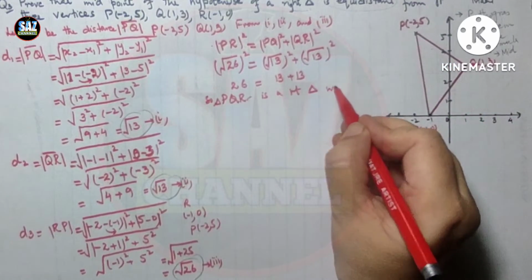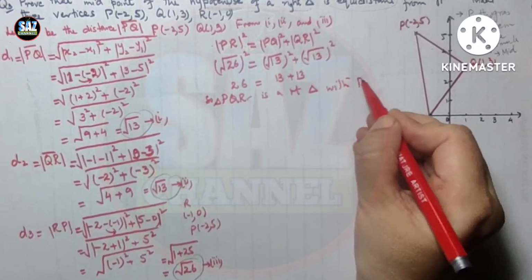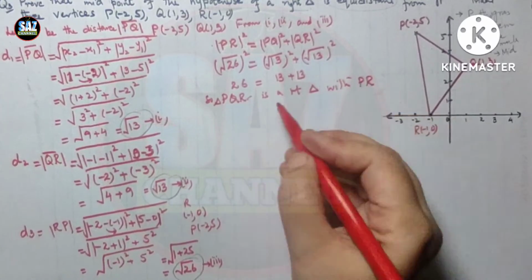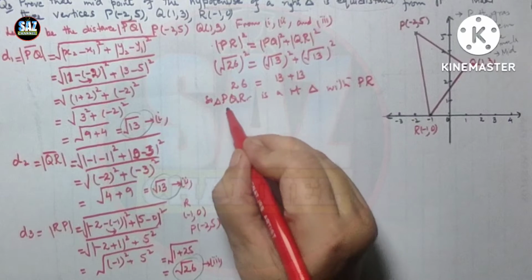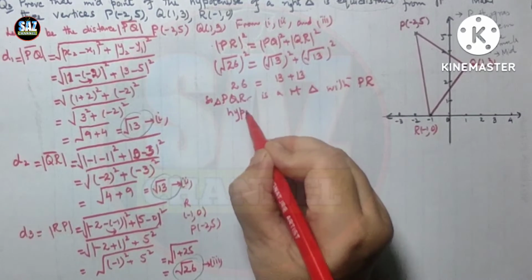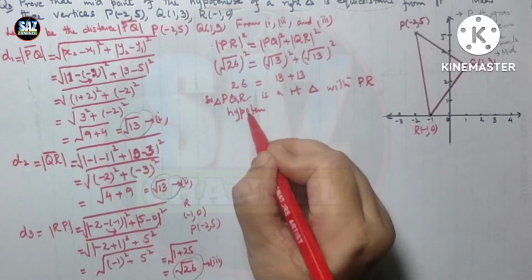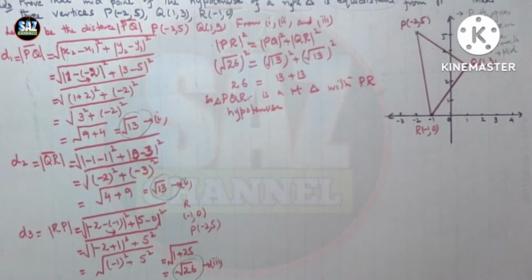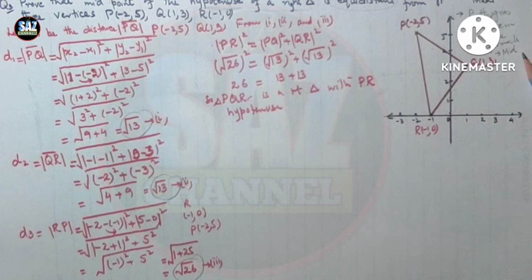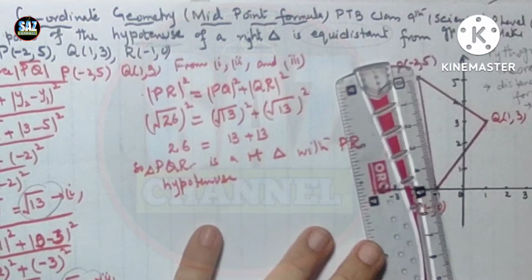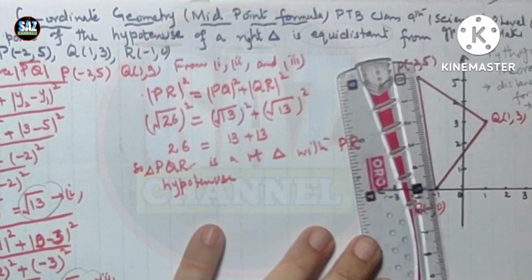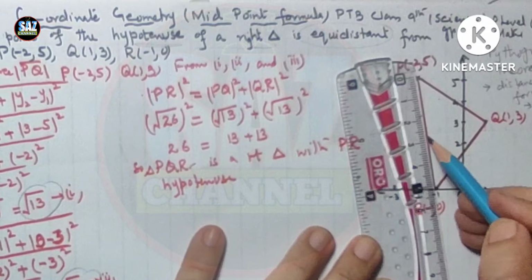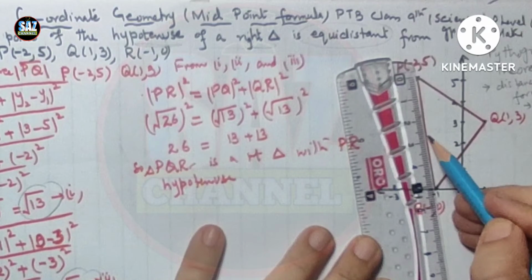Now we have decided which side is the hypotenuse, and then the second requirement is the midpoint of the hypotenuse. So it means I have to find the midpoint of the hypotenuse. Just for the drawing purpose, I have to find the midpoint of PR.